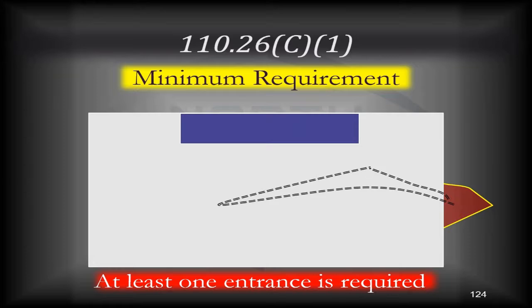Most people don't realize that the requirement is only one entrance and egress, unless you're over 1200 amps and over 6 feet wide, and it contains switching, overcurrent, or control devices, and unless 110.26(C)(2)(a) or (b) are met. So your minimum requirement is one entrance.